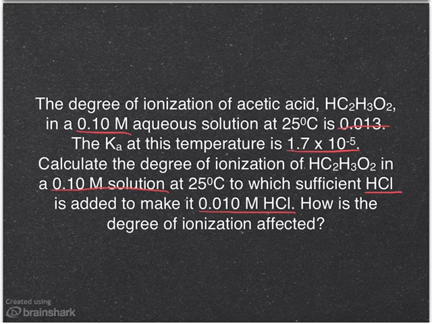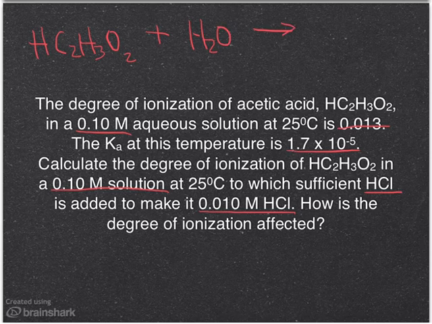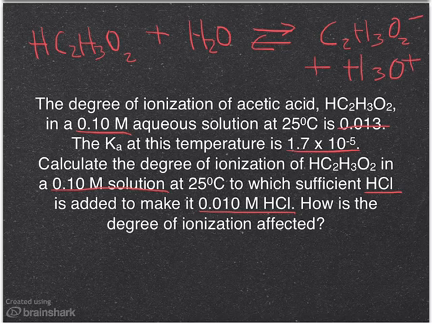Because we're dealing with ionization, you have your HC2H3O2 being ionized in water, so plus H2O, and it's going to yield C2H3O2 minus plus H3O plus. So that'll be the ionization equation for this particular reaction.